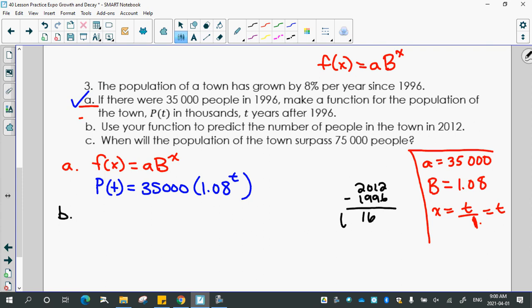So T is 16. So I'm finding the population in the town after 16 years. P at 16 is equal to 35,000 times 1.08 to the power of 16.